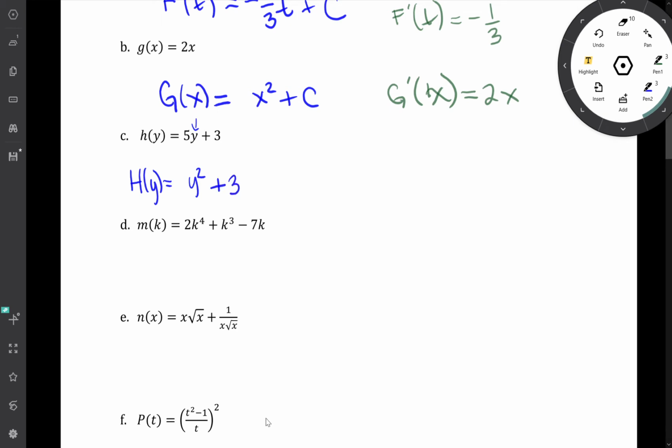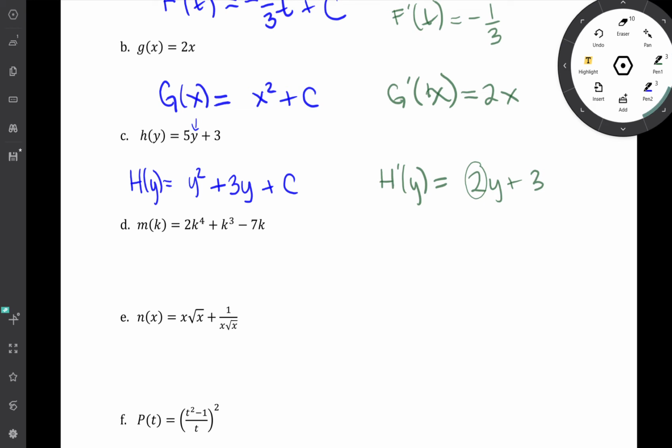And if I ended up with a constant 3, I better have started with a 3y. And I should have some sort of arbitrary constant. So h prime of y, this is my check, I'm going to get a 2y plus 3. Parts of that are great. The 2 is not so great right now, so we have to figure out how to deal with that. It's really easy to fix being off by a constant multiple.